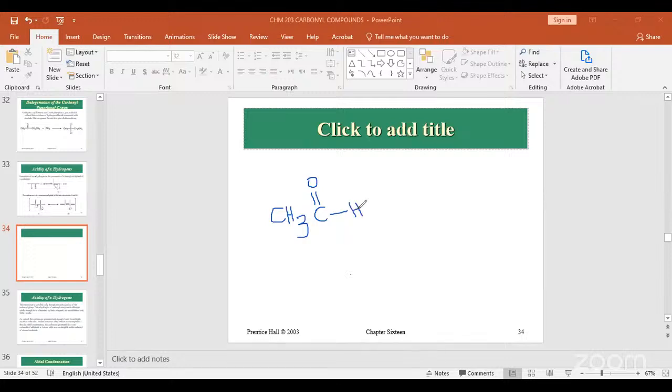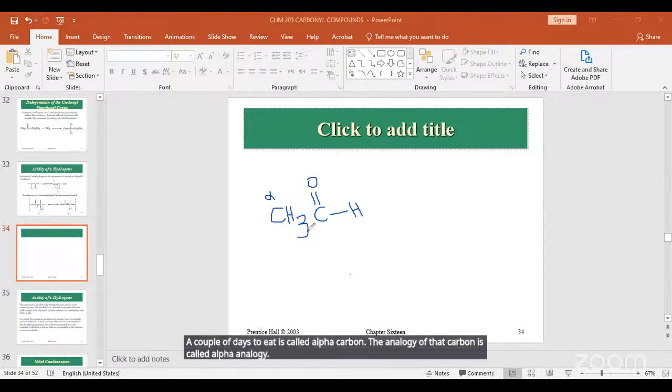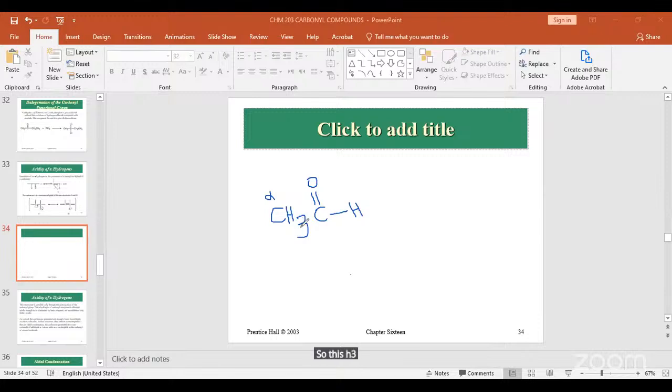Now, this carbon here is the functional group. The carbon next to it is called the alpha carbon. The hydrogen on that carbon is called the alpha hydrogen. So this H3 is the alpha hydrogen, and it is said to be acidic, i.e., it can be lost.